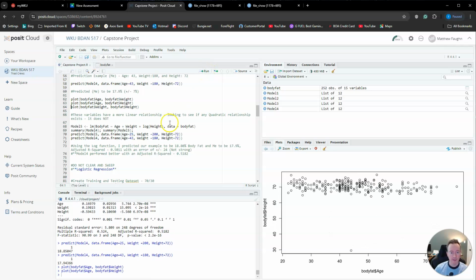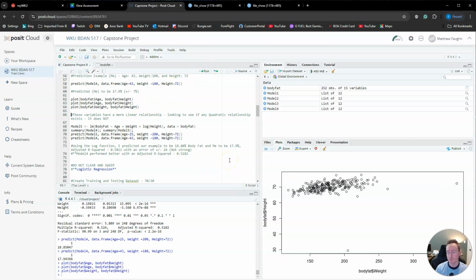The second plot is age and height. It is, again, a very weak linear relationship, and I would say it also trends slightly negative. Looking at weight and height, plotting both of those is a tighter cluster, and I would say it is a positive linear relationship compared to the other two.